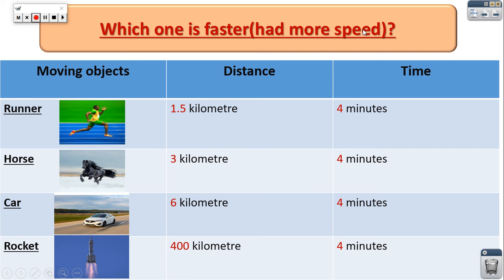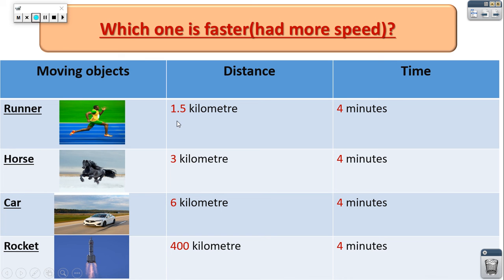So, all of them move in 4 minutes. That's the time that they take, and that's the distance. Which one is the fastest? Right, the rocket. Why? Because the rocket finished 400 kilometers in 4 minutes. So it finished a large distance in the same time.